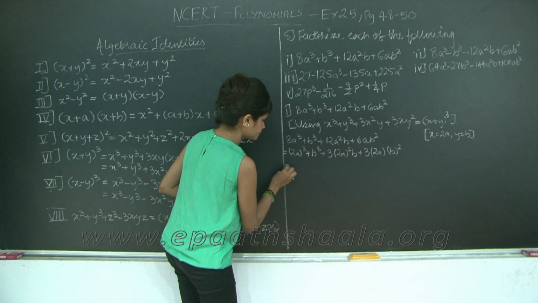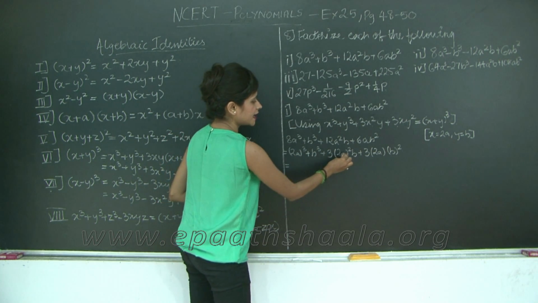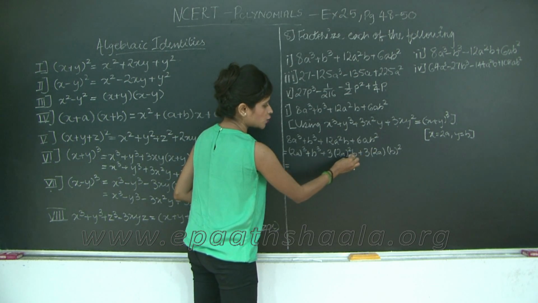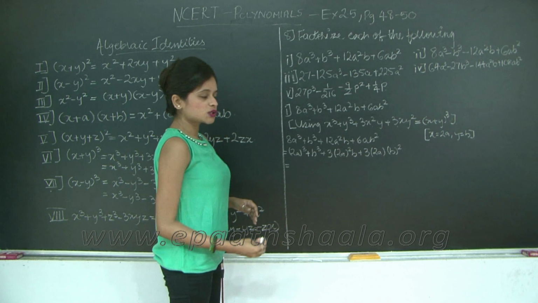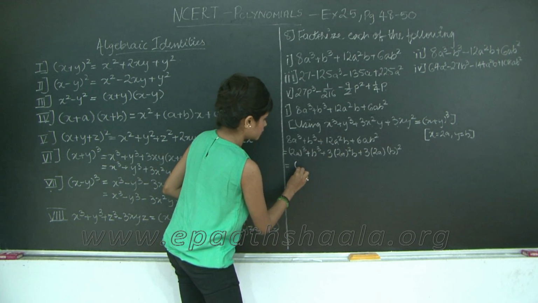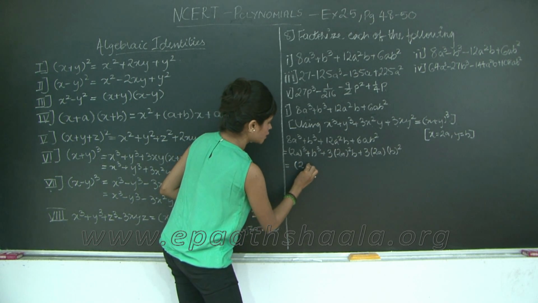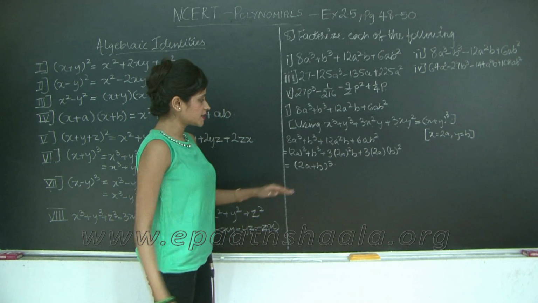So now we have x cube plus y cube plus 3x square y plus 3xy square, which is nothing but x plus y the whole cube. So let me rewrite it in the form of its factor, which is nothing but 2a plus b the whole cube, right? So this is my answer.